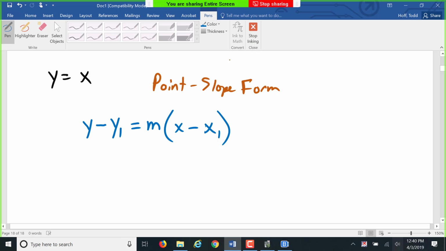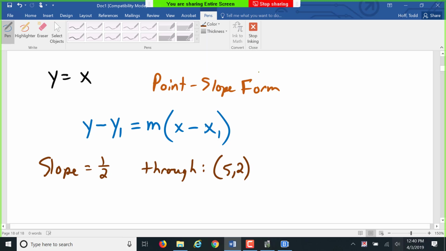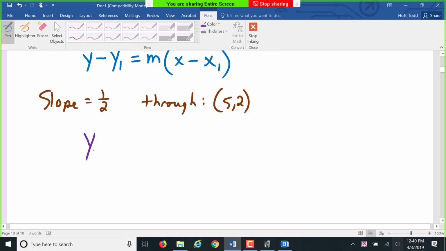So if we have a line that has a slope of 1/2 and goes through the point (5, 2), what this equation looks like is y minus 2 equals our slope of 1/2 times x minus 5.